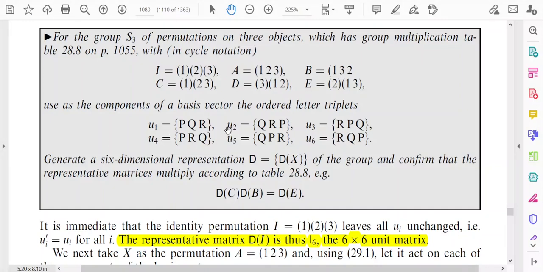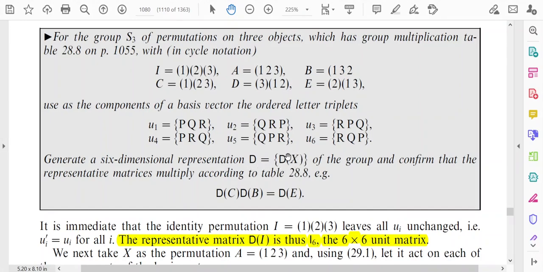The components of the basis vector u can be represented by these ordered letter triplets. Suppose u1 is equal to pqr, u2 is equal to qrp, u3 is equal to rpq and so on. There are a total of 6 components of the basis vector u, and based on this basis vector we will generate the 6 dimensional representation D, the set of dx.